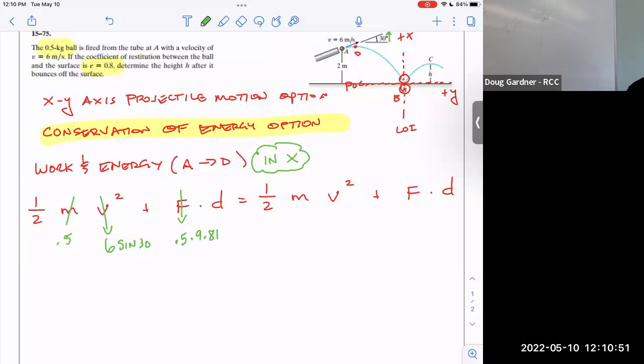Let's see. Actually, I don't know if I want to do this in X. Yeah, I do. Yeah, we're good. And isn't that at a distance of 2?